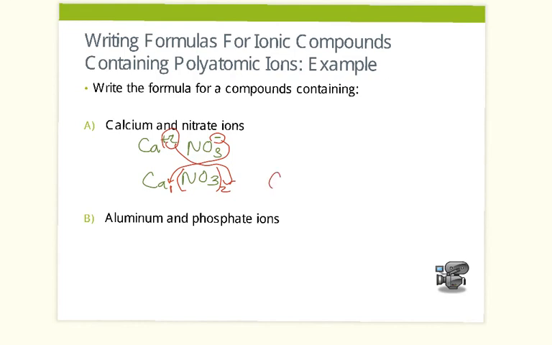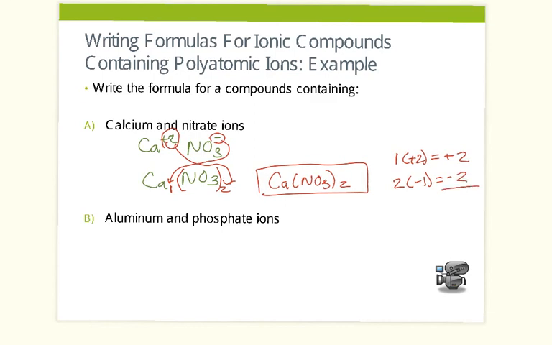So it becomes calcium NO3 with a subscript of 2 on the parentheses. And we make sure with the charge because we have 1 calcium with a positive 2 charge, so that's positive 2, and we have 2 nitrates with a negative 1 charge, which is negative 2, and those cancel out.